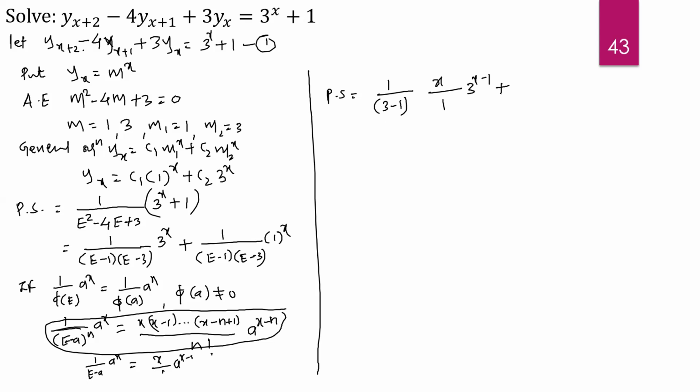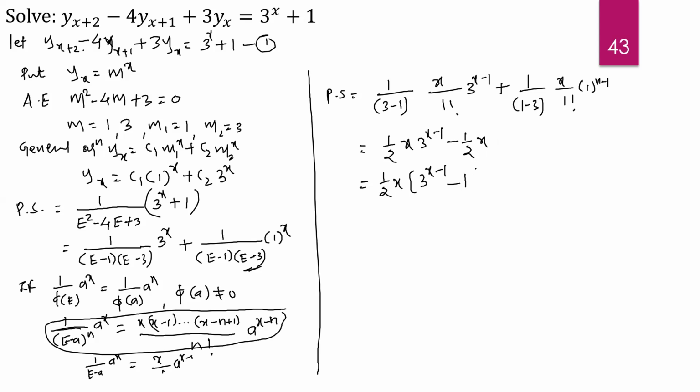Now plus, for the first factor no problem, this is 1 minus 3, and apply the formula x by 1 factorial and 1 raised to x minus 1. That is 1 by 2 x 3 raised to x minus 1 minus 1 by 2 x 1 raised to x minus 1, which means 1. So the common term is 1 by 2 x, and the remaining is 3 raised to x minus 1 minus 1.